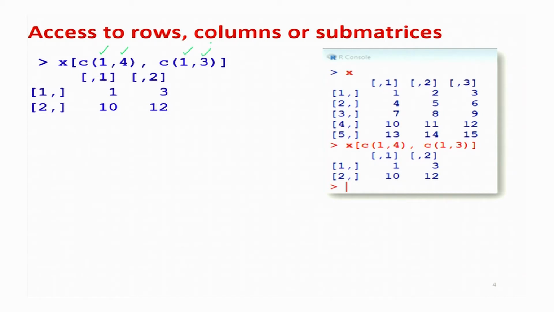It is very simple once you understand the basic fundamental, that first you write down the name of the matrix, then a square bracket, and then information about rows and information about columns. Now you are giving only the row numbers here, and c(1,3) is your column.